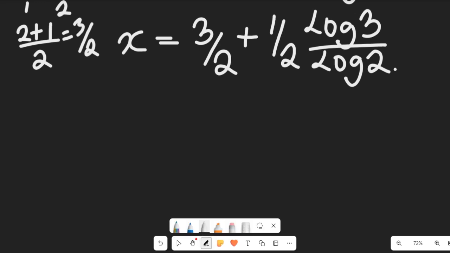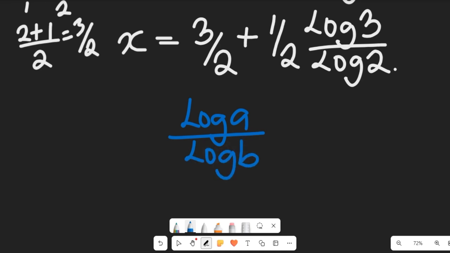Now let's look at what a law of logarithm says. If we have the log of a divided by the log of b, according to the law of logarithm, this can be equal to the log of a base b, where the denominator becomes the base and the numerator becomes the log.